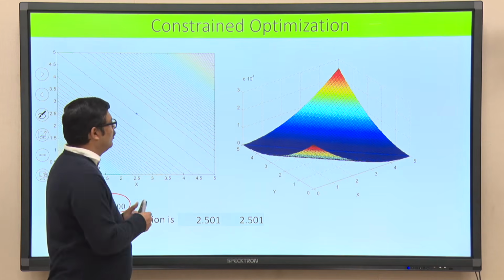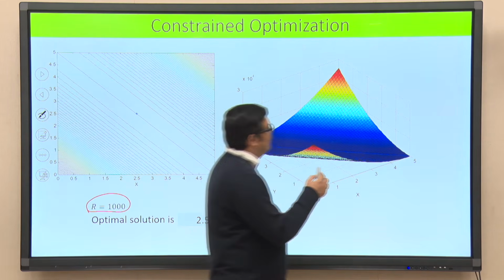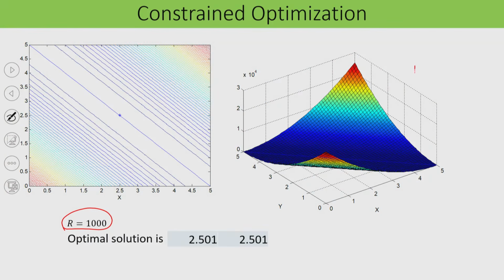Suppose you have an equality constraint h x equal to 0. Then I can write the absolute value of h x less than epsilon. So, I can define that.